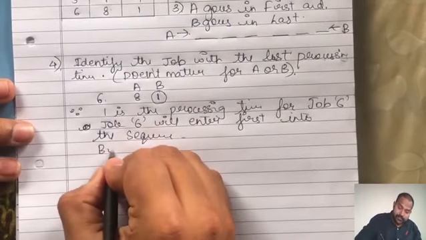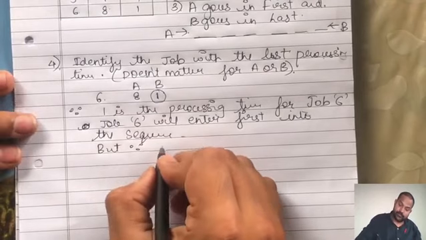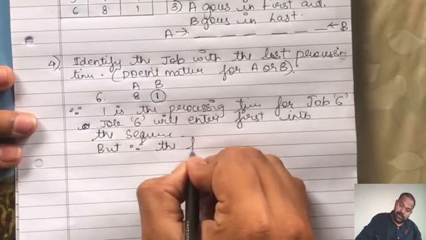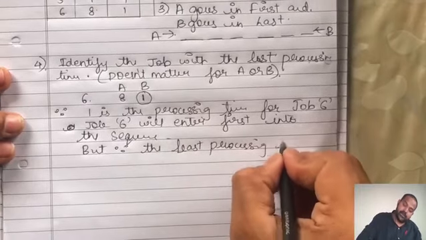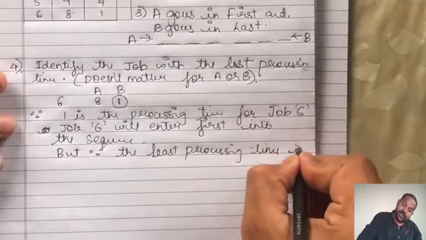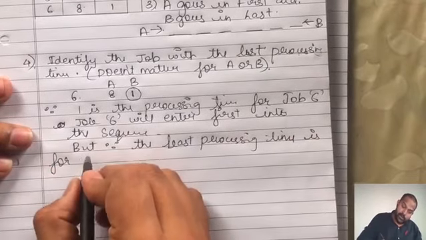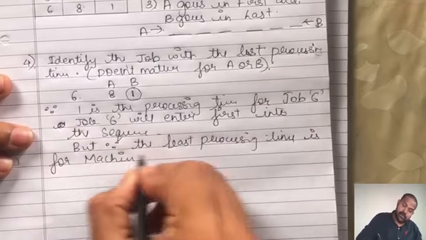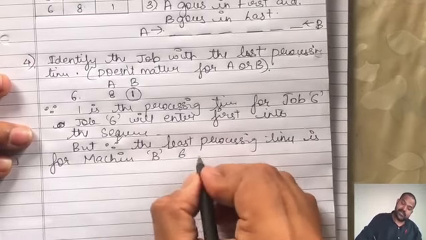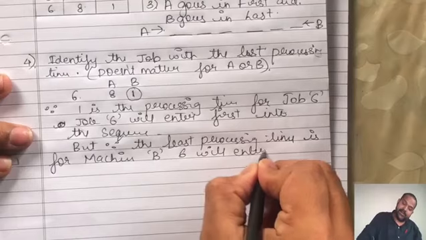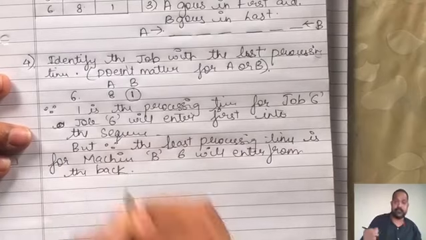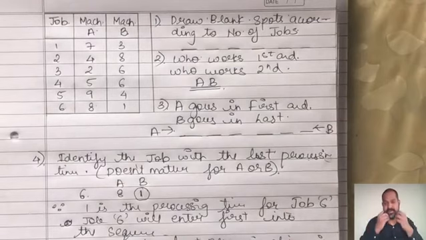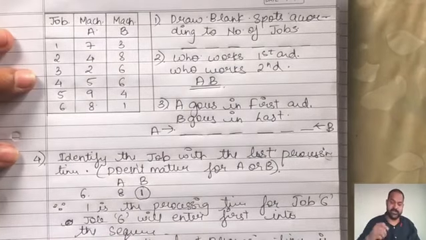Since the least processing time is for machine B, 6 will enter from the back. Let me repeat this again. Pick up the least processing time from the entire lot. What is the least processing time? 1.